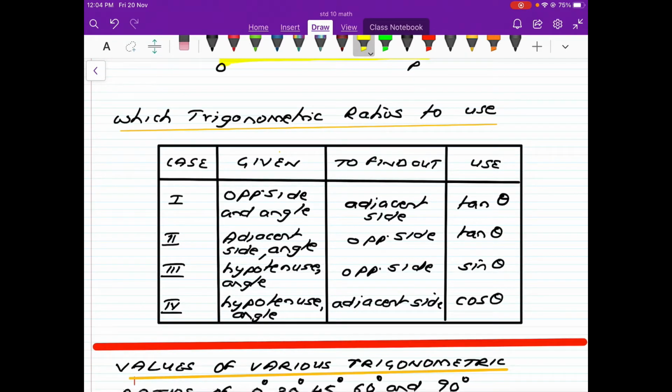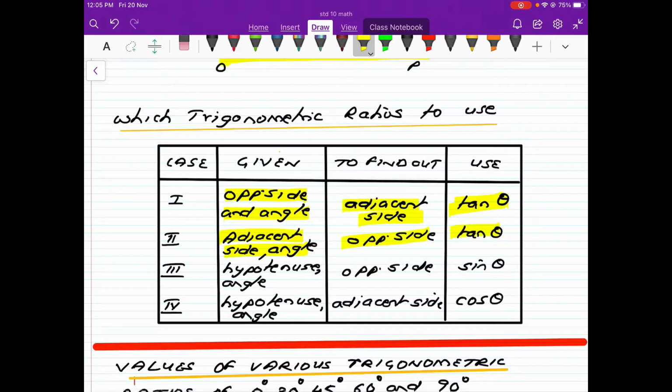Then, when we want to find heights and distances, how to use them? Remember we are only talking of right angle triangles. When the opposite side and the angle are given and we have to find the adjacent side, we use tan theta. When the adjacent side and the angle are given and we have to find the opposite side, still you can use tan theta.